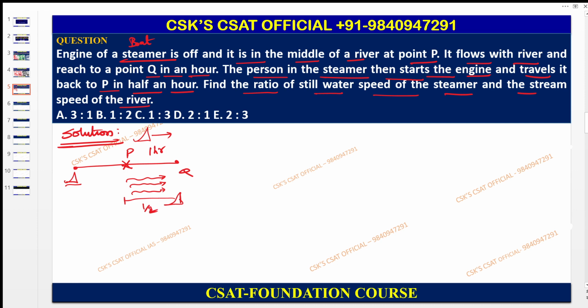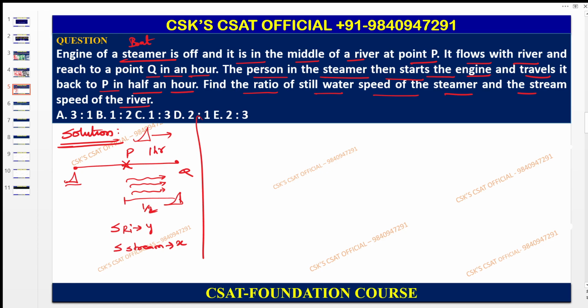This data only is provided here. We need to find the ratio of their speeds. You don't know the speed of the river, stream or current. The stream of the river you can take as y, and the speed of the steamer you can take as x here.